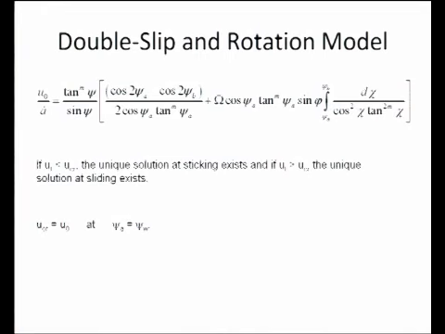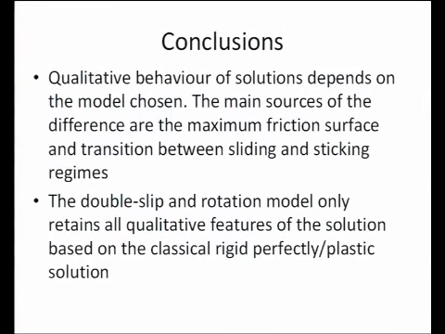And finally, in the case of the double slip and rotation model, we have this kind of solution, and we have a unique solution at sticking if this condition is satisfied, and a unique solution at sliding if this condition is satisfied.